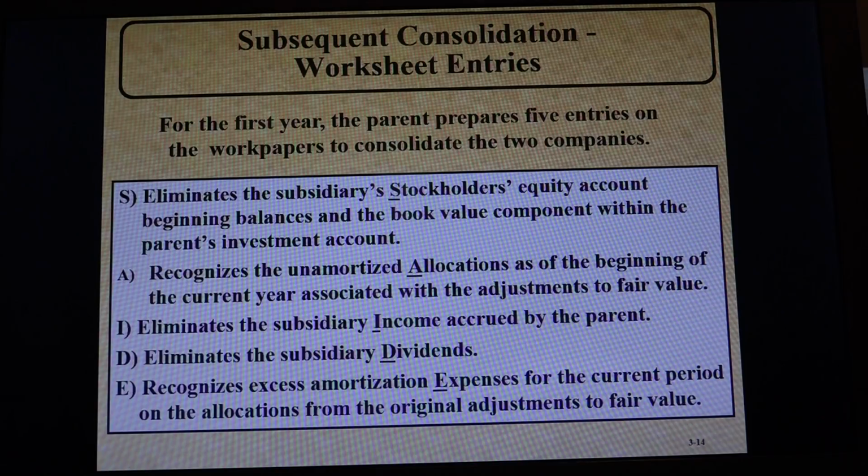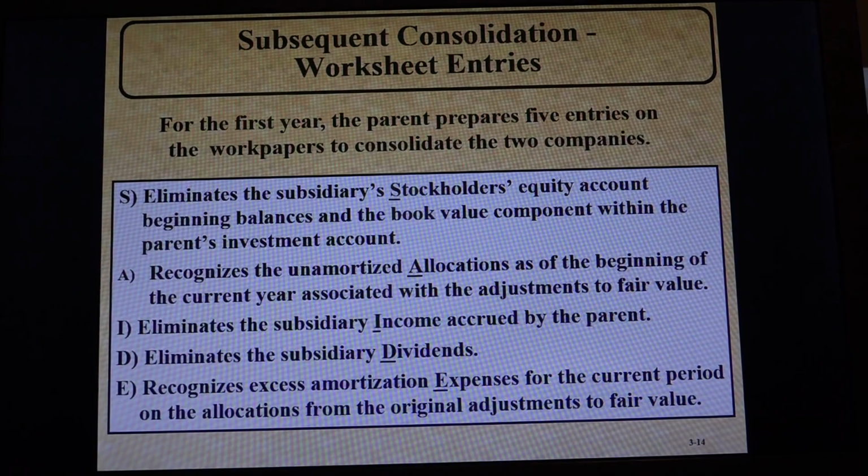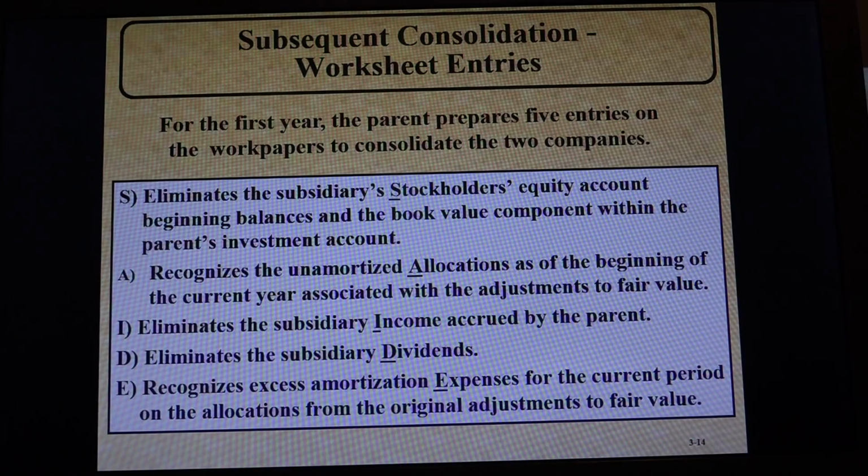If you recall, we have dividends of $40,000, so you have to eliminate that entry on the parent's books because they're going to recognize all the income.